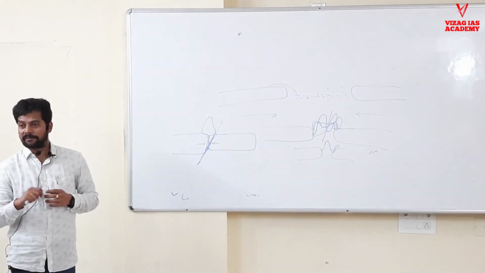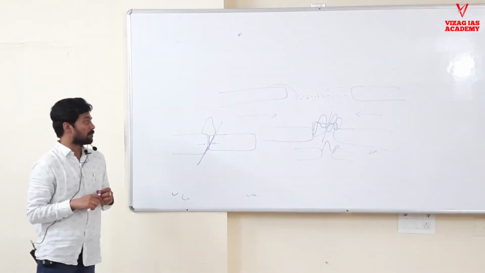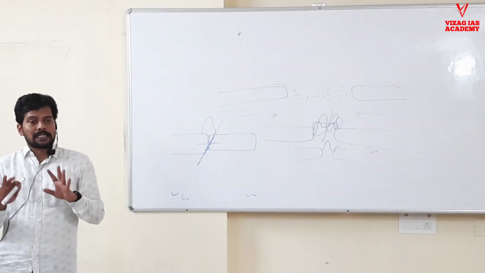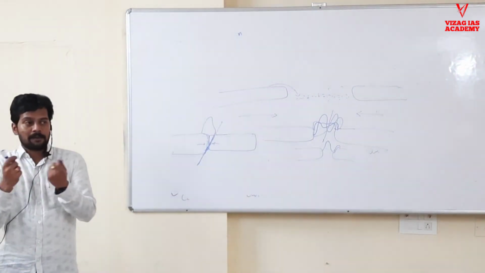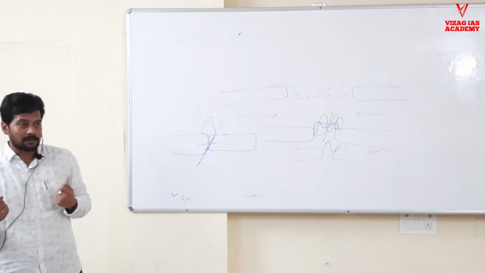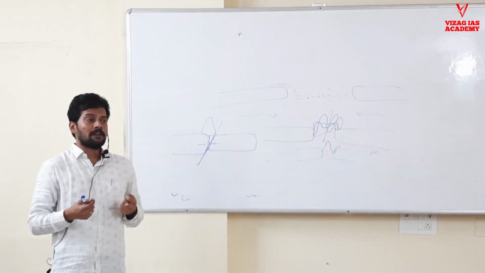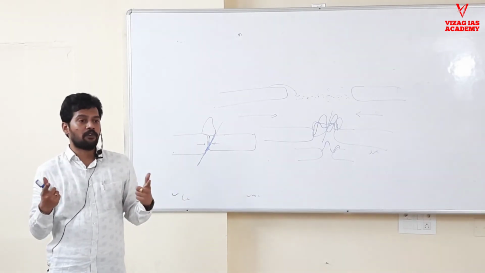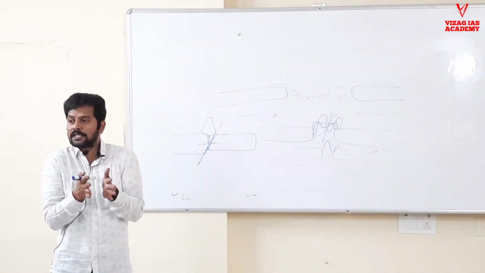Why like this? Simple example. You know the difference between elasticity and plasticity? Our rubber, elastic. Elastic is the one which will stretch. Once you leave the force, it comes to its original form.